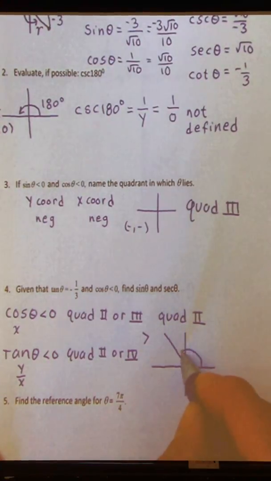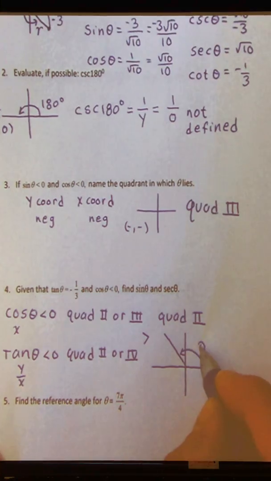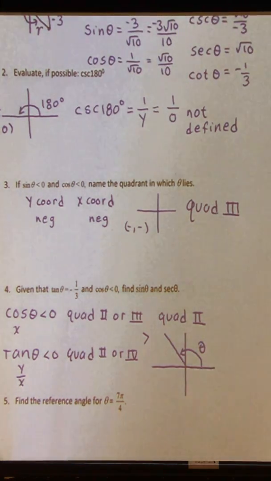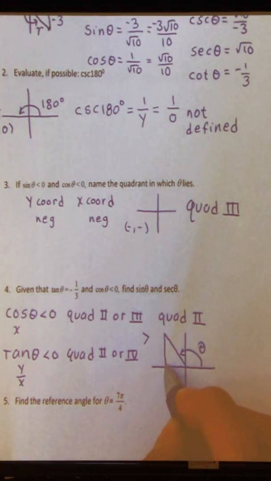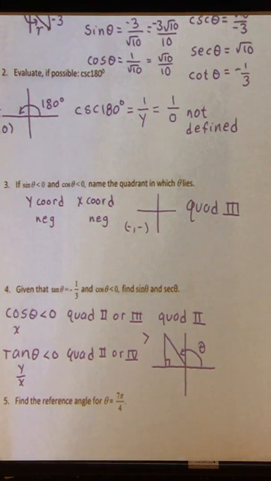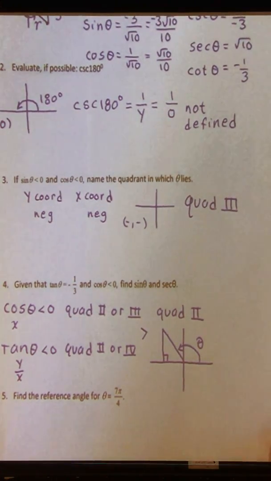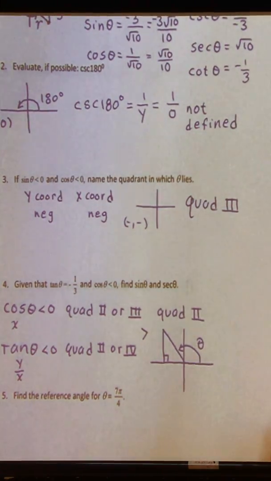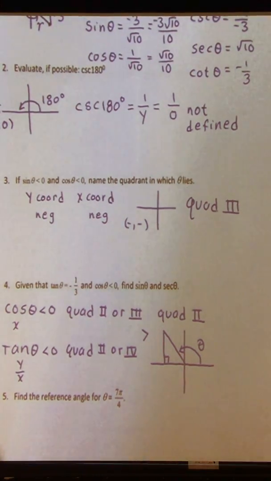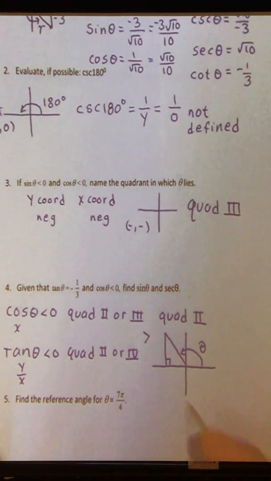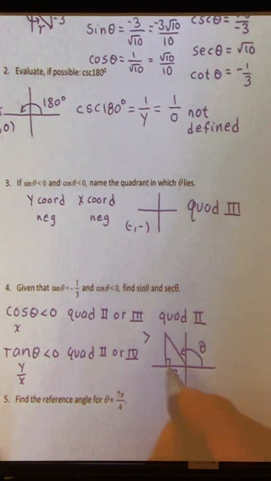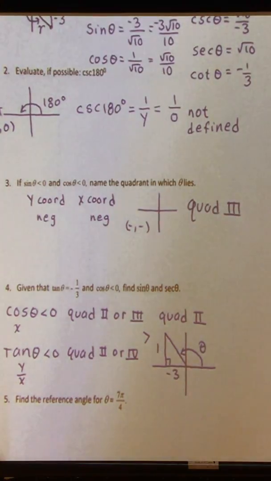So there's our angle there, theta, sweeping us to quadrant number 2. And there is our right triangle in the second quadrant. And the tangent value is negative 1/3, and that is y over x. So the x must be the negative value, and the y must be the positive value. So let's check that.